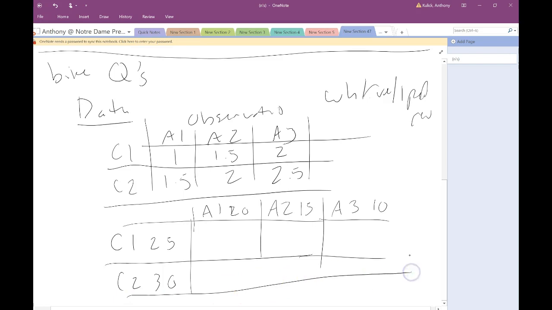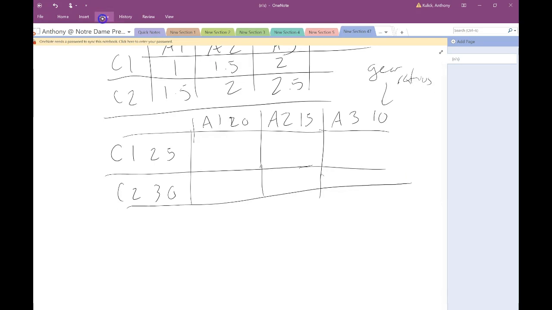Maybe we have something like this. And this would be a table for the gear ratios. I'd expect you to be able to calculate the gear ratios. How do you calculate these? Yeah, it's the crank divided by the axle, right?